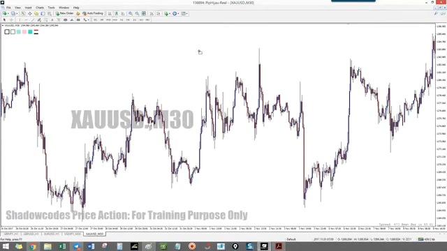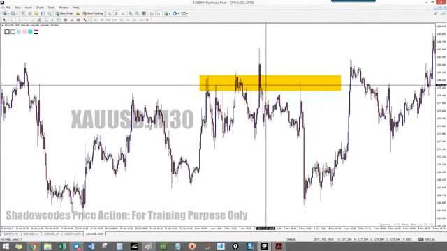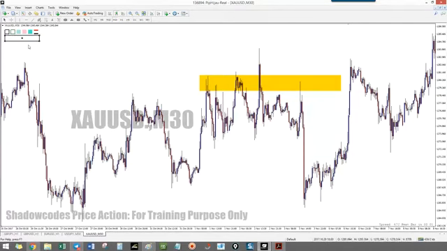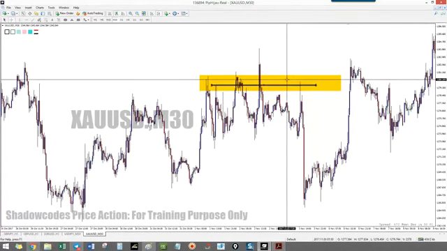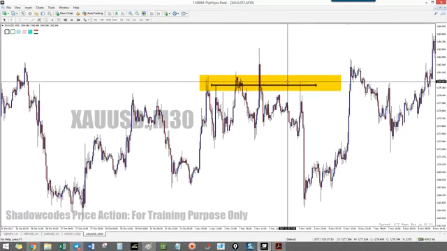So let's just draw. This is your zone, and let's find your ST. You got one ST here. And also over here. Over here.